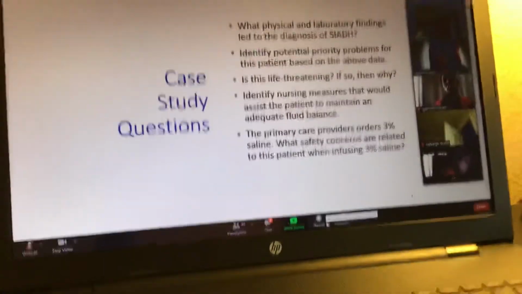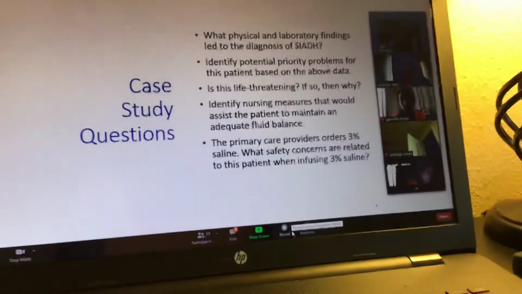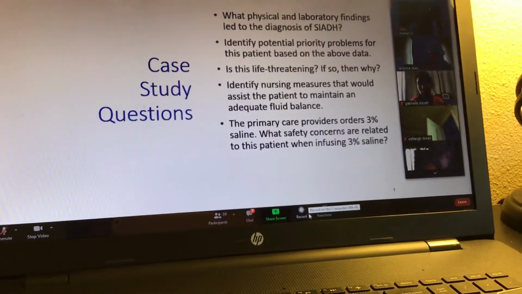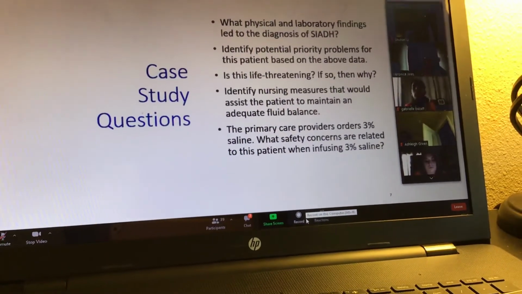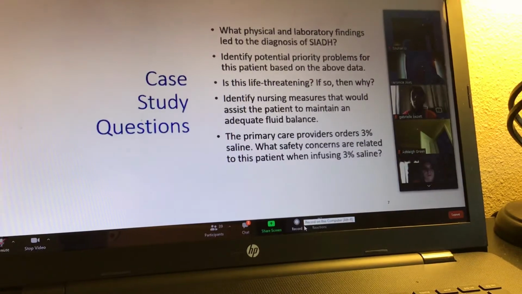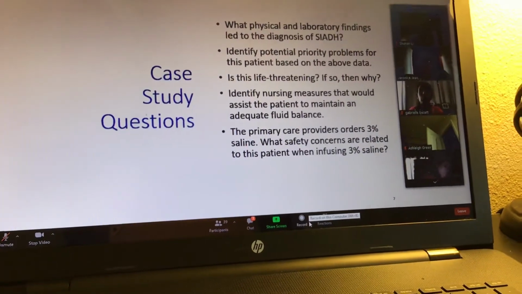Now, this patient is fluid volume excess. So some of the things that we're going to do for this patient is not give them so much fluid. We're going to have what they call fluid restriction, especially the free water. All right?